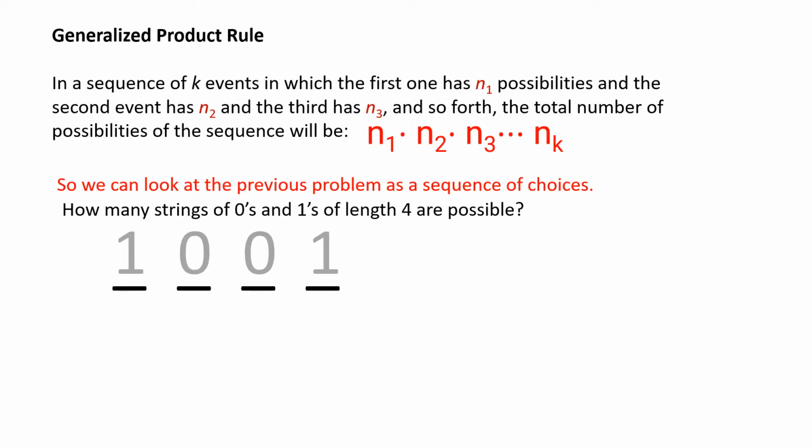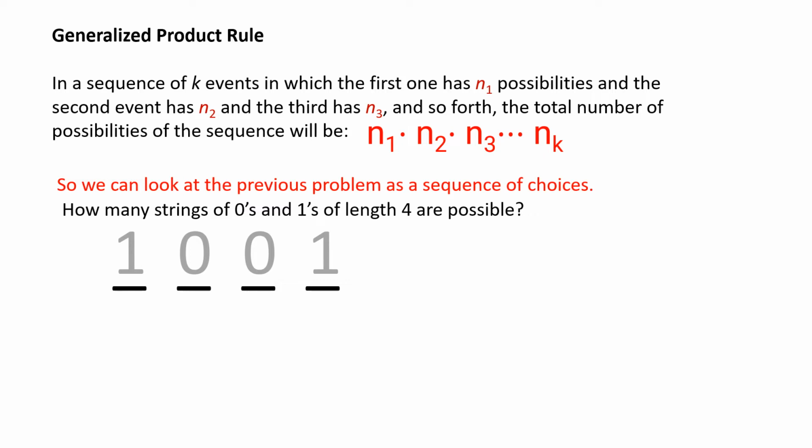Now, there's what's called the generalized product rule, which is a little bit easier to understand than thinking about these cross products. From here on out, we'll talk about the product rule in terms of the generalized product rule. Here's what the generalized product rule says.